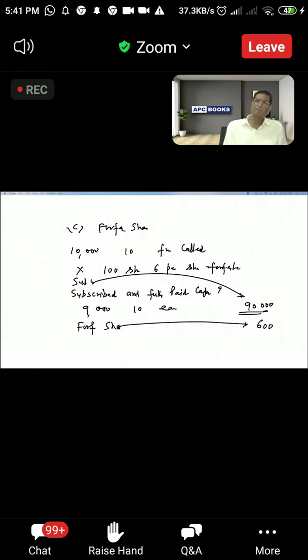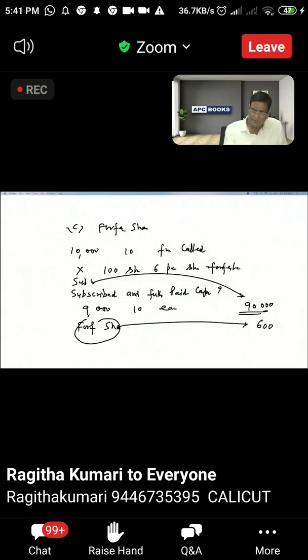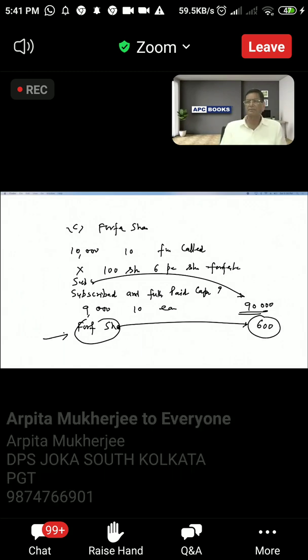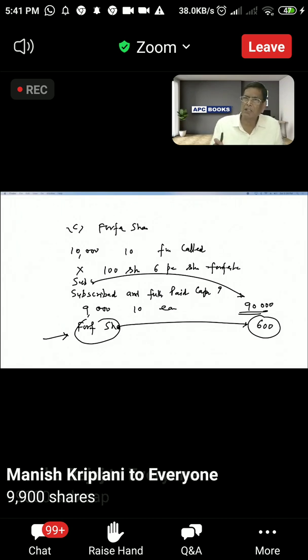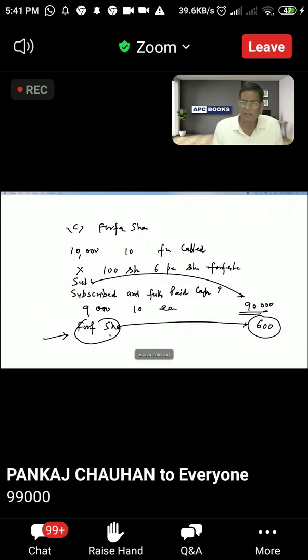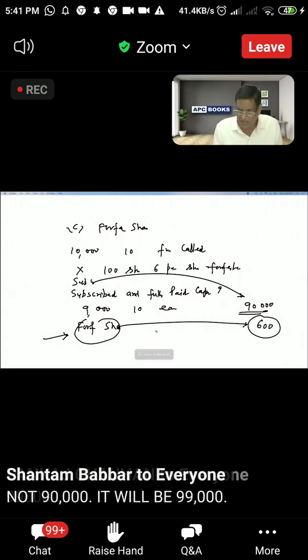Why? Do you think it is a part of subscribed capital? Subscribed capital means subscribed by the public. These have been forfeited. These shares are not with the public.